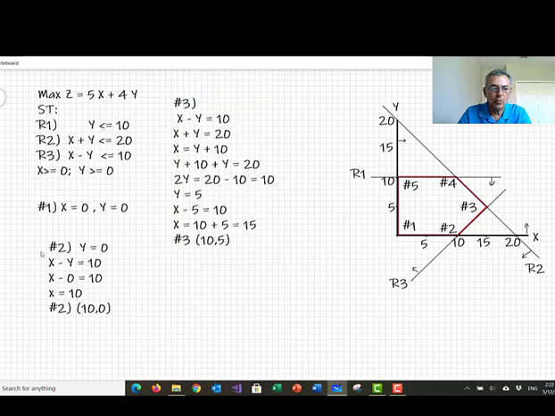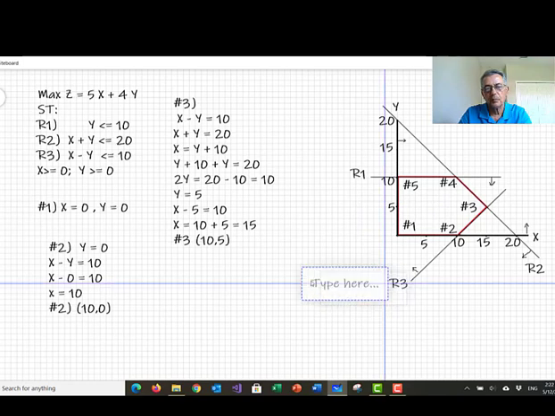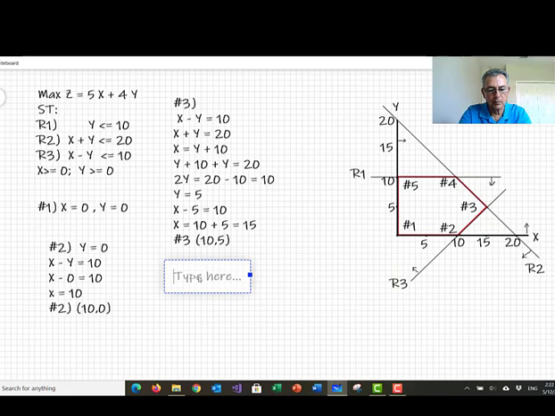We can now move on to finding the coordinates of the fourth extreme point. We see that the fourth extreme point is obtained by intersecting R1 and R2. So let's do that. This is extreme point number 4. Again, R1 is y equal to 10, and R2 is x plus y equal to 20.